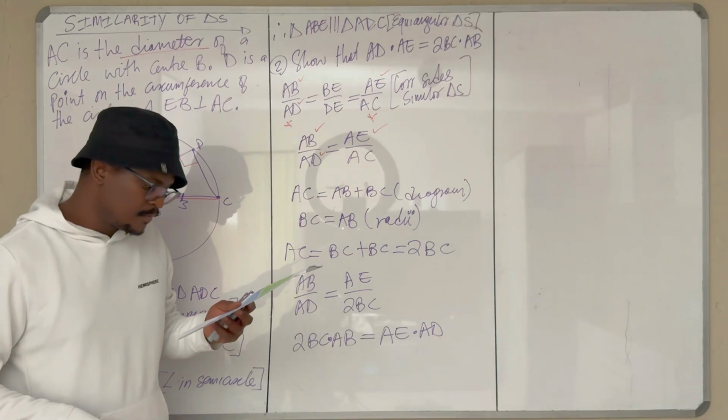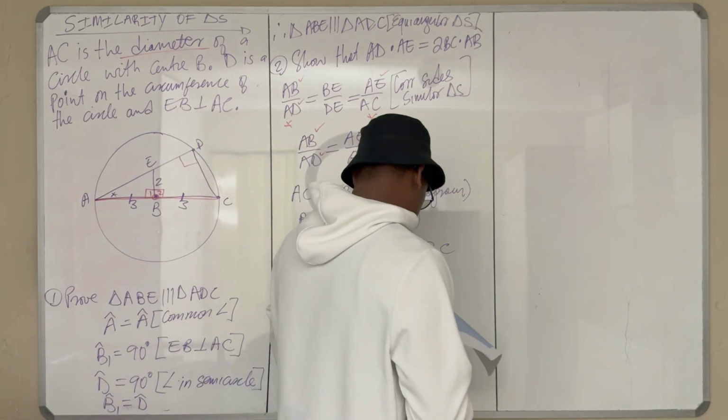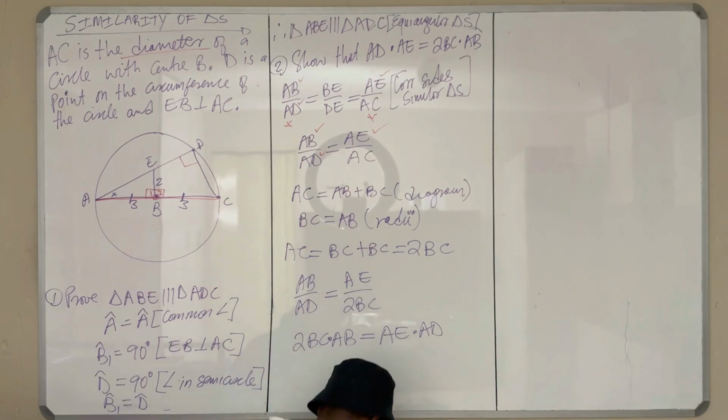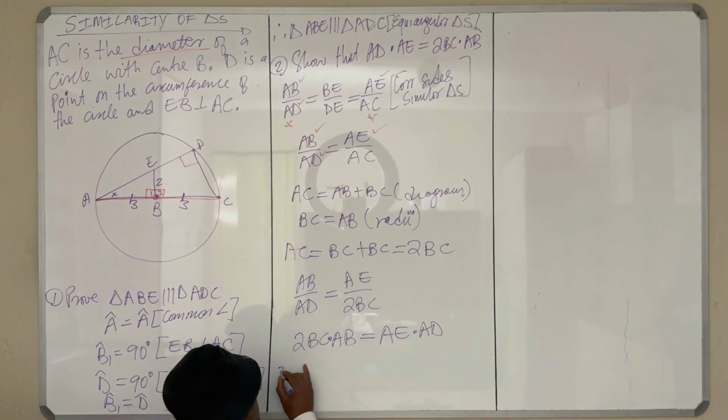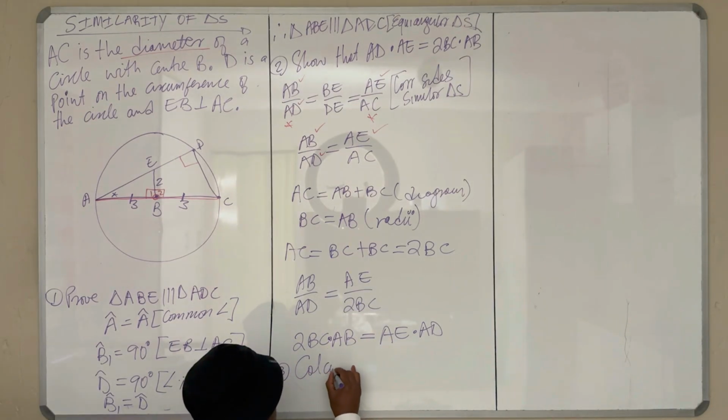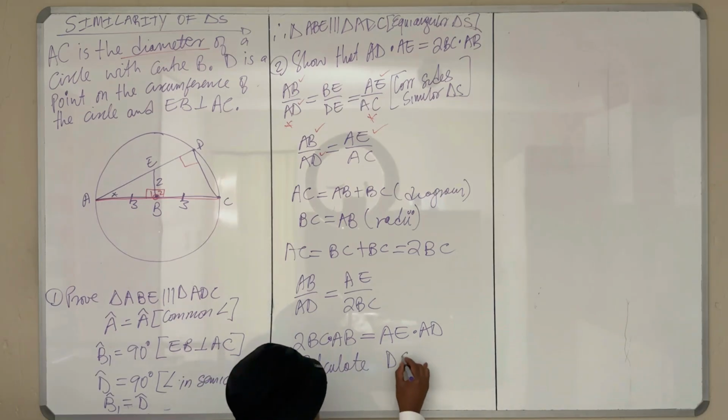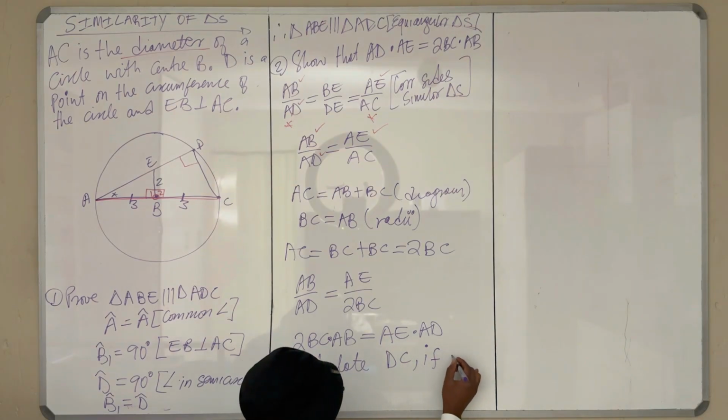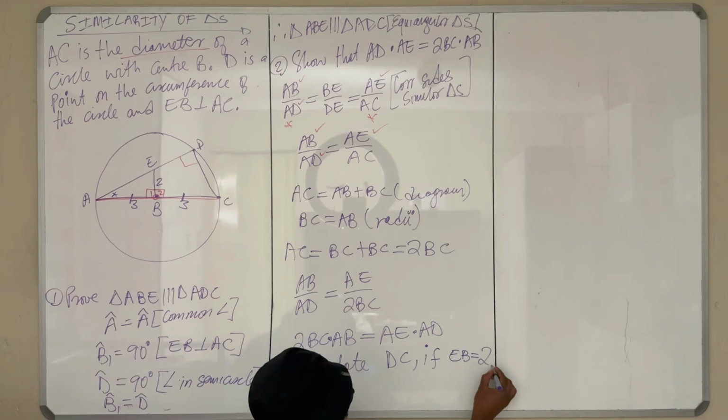Now we move to the third one. This is number 3, right? They're saying calculate DC, if EB is equal to 2 units.